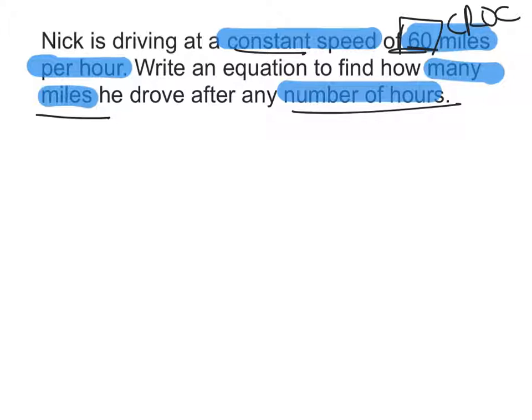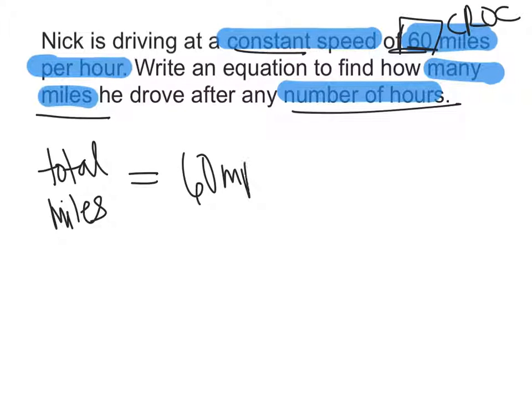So once again, if we're looking at total miles, that is going to be our dependent variable because the total miles depends on how many hours he's driving. So then we're going to take 60 miles per hour and multiply that times the number of hours.